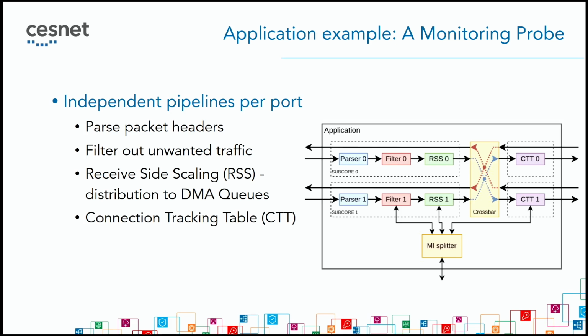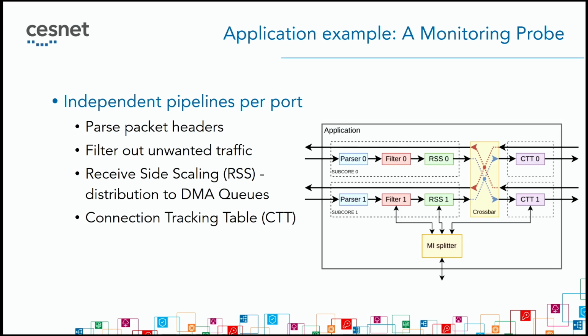For each network port, there is an independent pipeline consisting of a parser to parse headers of the packets, filtering to filter out unwanted traffic, RSS to distribute packets to different DMA queues, optional switching, and connection tracking.